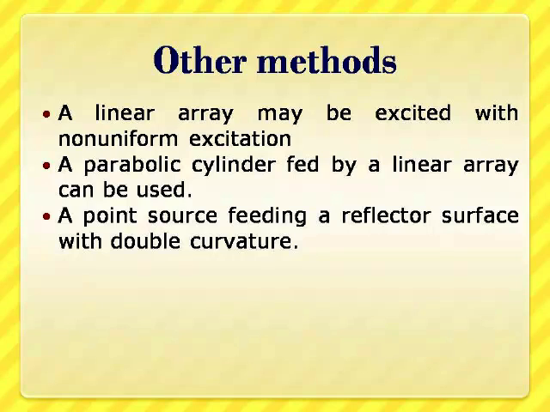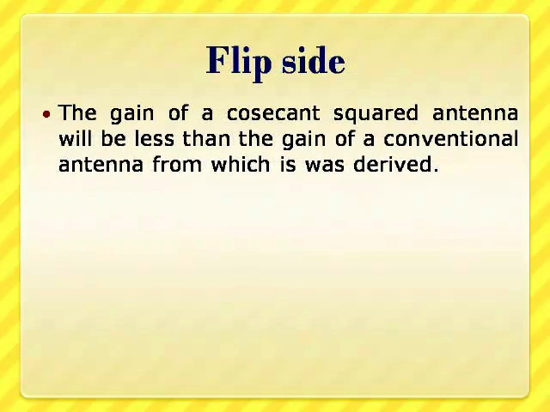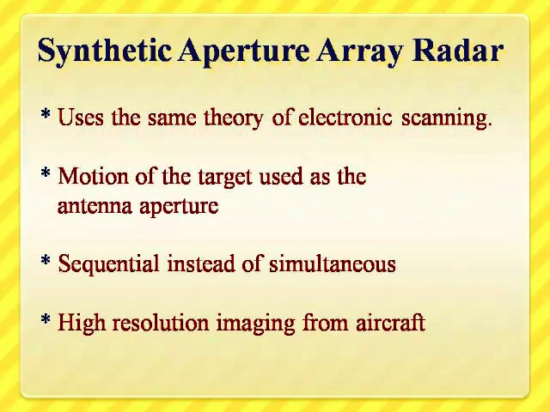A point source feeding a reflector surface with a double curvature is another option to realize this. But what is the other side of this? The gain of a cosecant squared antenna array will be less than the gain of a conventional antenna from which it was derived.